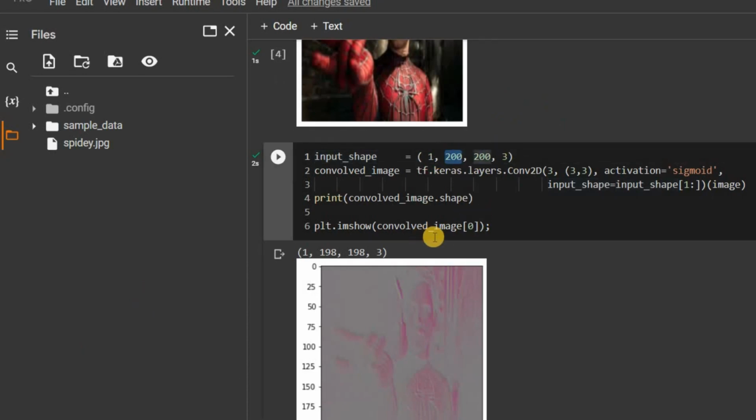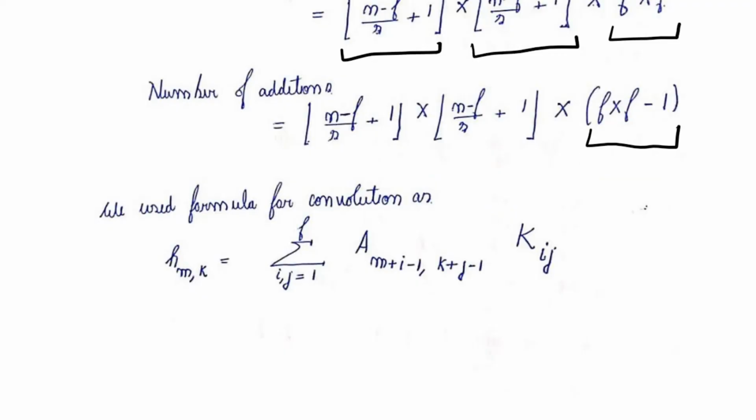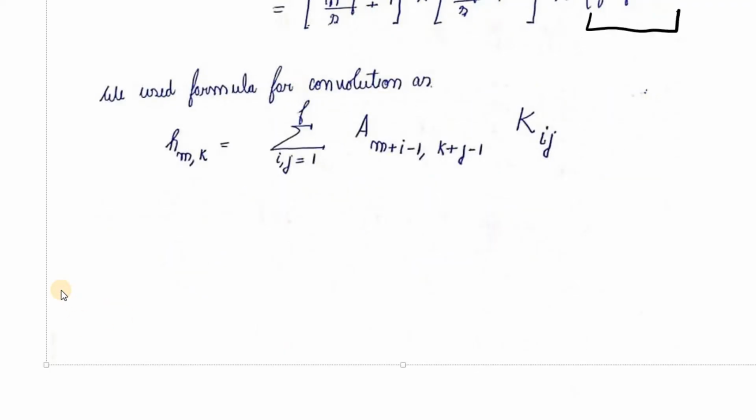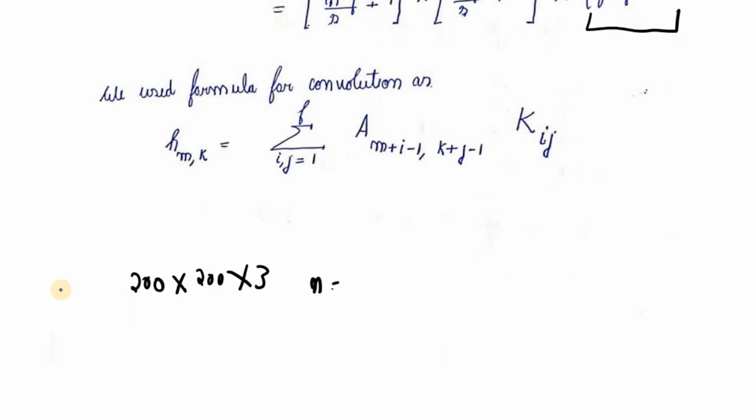Now let's use the formula which we had in the notebook. So this is exactly what is happening. The size of the input image is 200 cross 200 cross 3. Here n is equal to 200, and the kernel is of size 3 cross 3, so f is going to be 3.